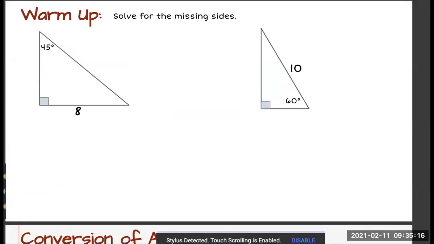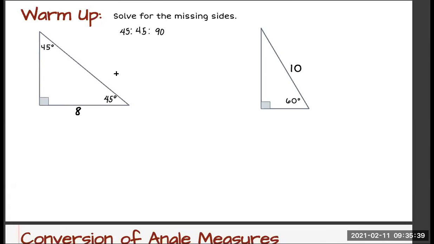The first one, you have a 45, 45, 90 triangle. This is an isosceles right triangle, so this is also 45 degrees. Do you remember what ratio we are using for 45, 45, 90? 1 is to 1 is to square root of 2.